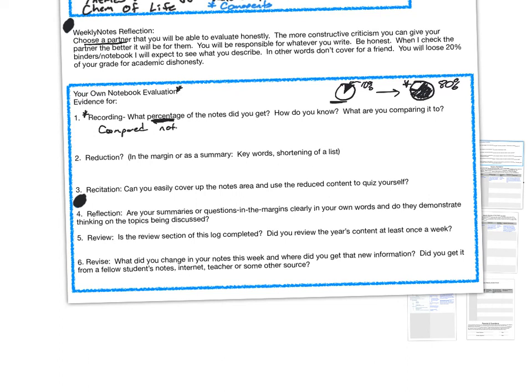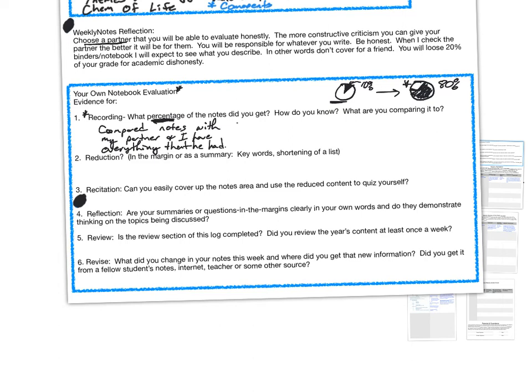I compared notes with my partner, and I have everything that he had.